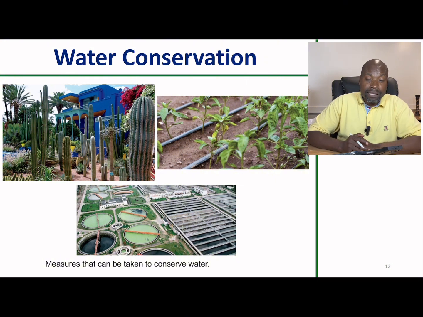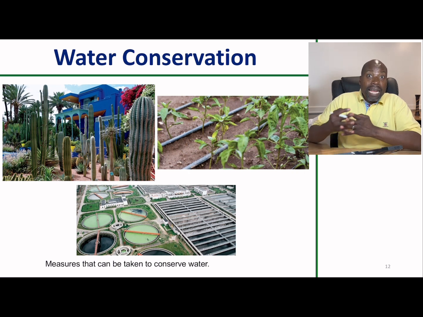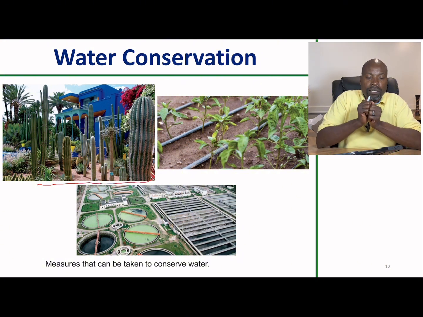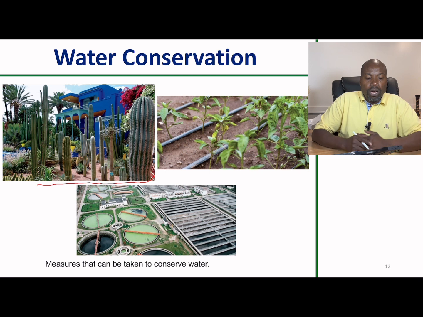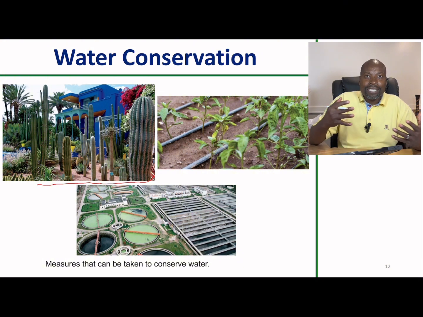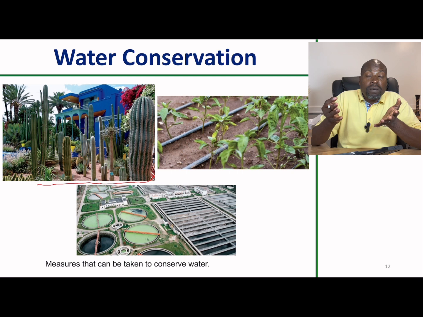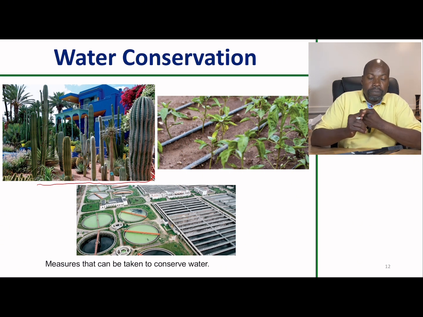Well, one thing that is done is, rather than planting plants that require a huge amount of water, we can, for instance, plant plants that need so little water that we don't need to water them, right? We don't need to water them. So they are going to preserve water, yet we're still going to have our nice green environment. So the type of plants we are planting for our pleasure can allow us to save water.